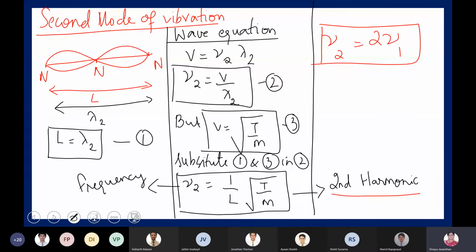Yeah, first harmonic or fundamental frequency. This is the second harmonic. Sometimes they call this the first overtone. Those who are familiar with musical instruments will know about overtones or the fundamental note. So we'll keep it as the second harmonic. The previous one was the first harmonic.